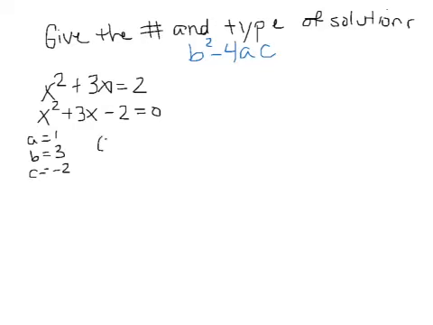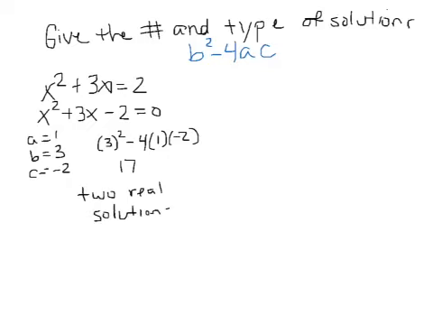So we're going to do b squared, which is 3 squared, minus 4 times 1 times negative 2. So this would be 9 plus 8, because negative 4 times negative 2 is positive 8, which would give me 17. Because that is positive, we know from the previous slide we have two real solutions. So the discriminant is 17, which means we have two real solutions.